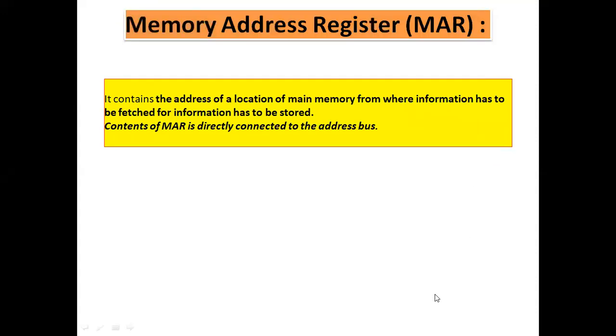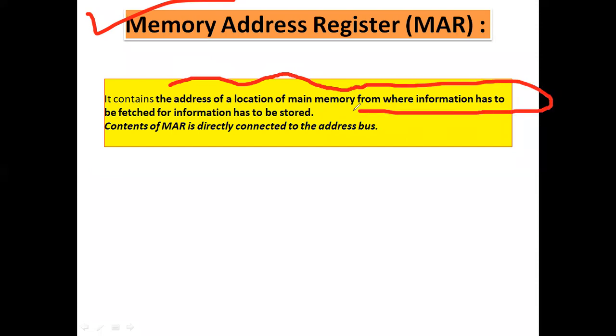Now the last one, that is MAR or memory address register. This MAR will contain the address of a location of main memory from where information has to be fetched or where information has to be stored. ठीक है, तो what MAR contains?